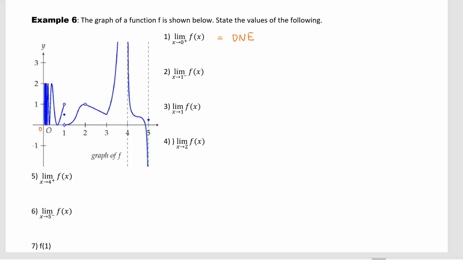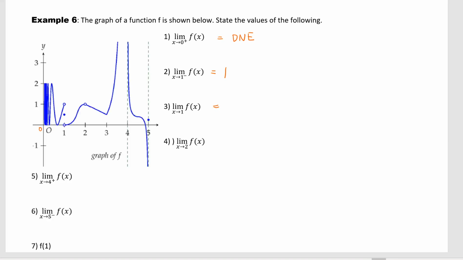How about x goes to 1 from the left? From the left is this piece. So my y is, we go here. That is 1. So far, so good? So in the videos, I can actually draw on the graph so you can see how I think.